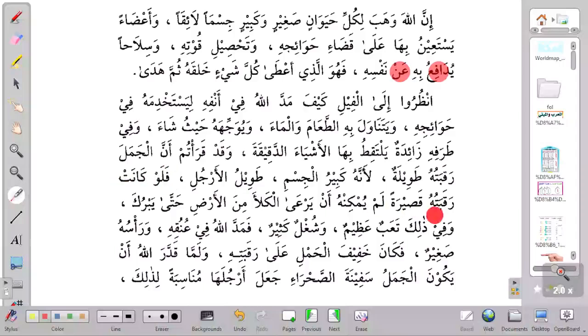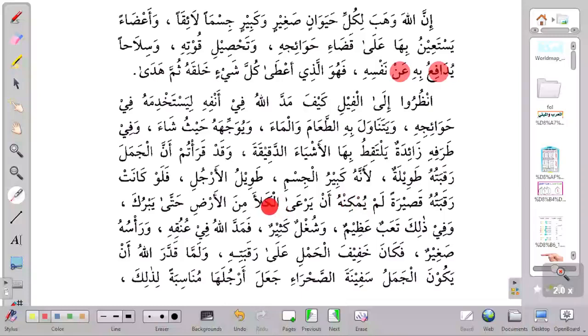فَلَوْ كَانَتْ رَقَبَتُهُ قَصِيرَةً, so if his neck was to be short, لَمْ يُمْكِنُهُ أَنْ يَرَى الْكَلَى مِنَ الْأَرْضِ حَتَّى يَبْرُكَ. It wouldn't have been able to feed on grass.